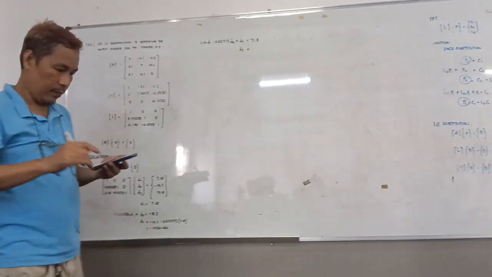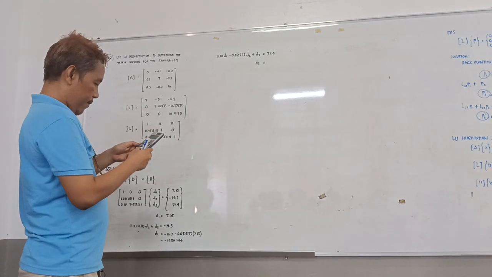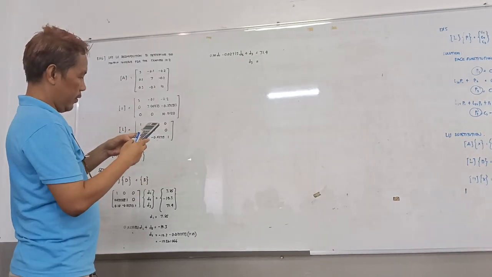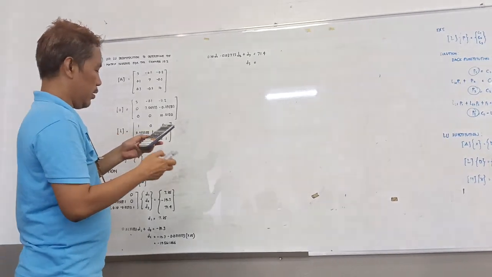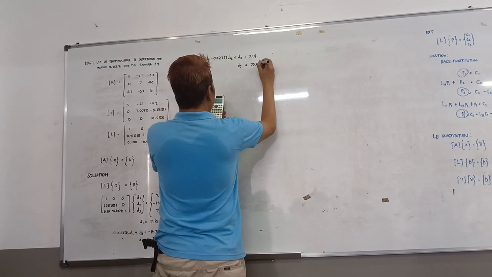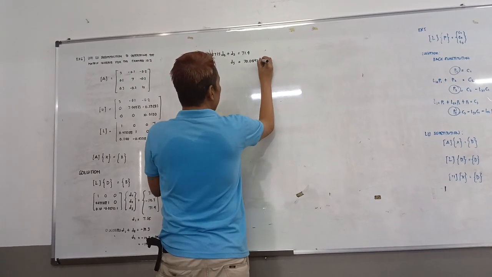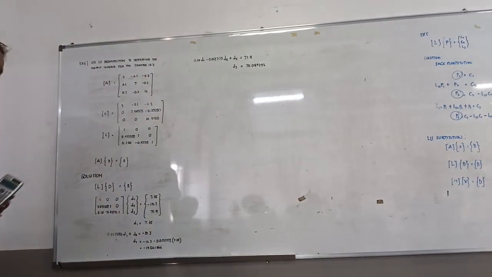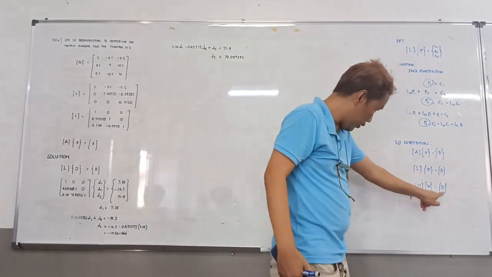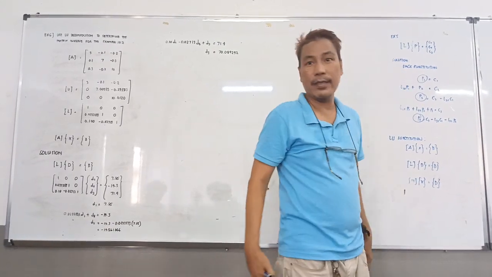D3 is 70.084292. Please confirm. So those are the values for D. We already know D, so we substitute this value, and since we already know U, we can find the value for X.